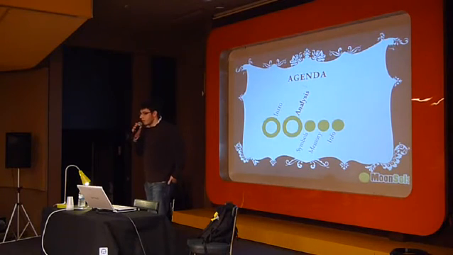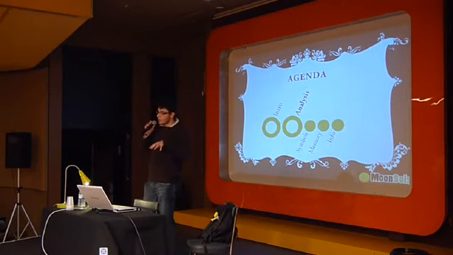So anyway, this talk is about physical memory analysis. It was a short introduction to explain how to get a physical memory dump. Now I'm going to explain what you have to do once you have a memory dump.